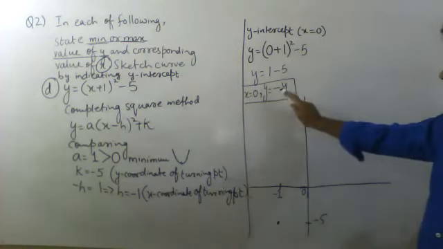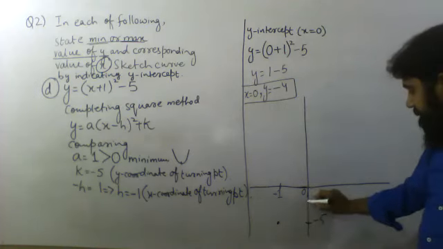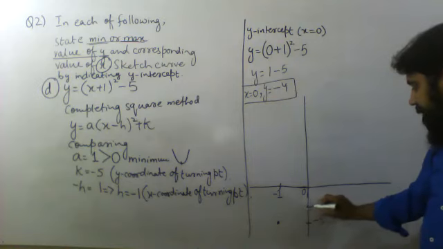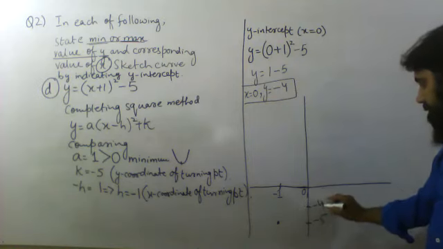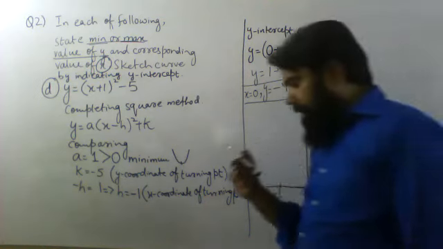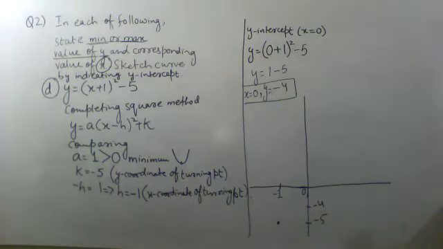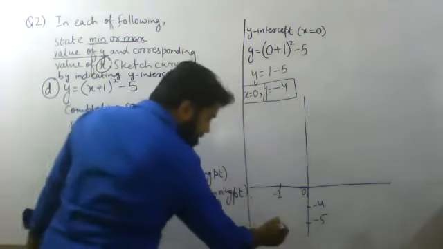After that, the y-intercept is minus 4, so I can say minus 4 will be somewhere over here. It's a rough sketch, so I don't have to worry about the distances being the same.